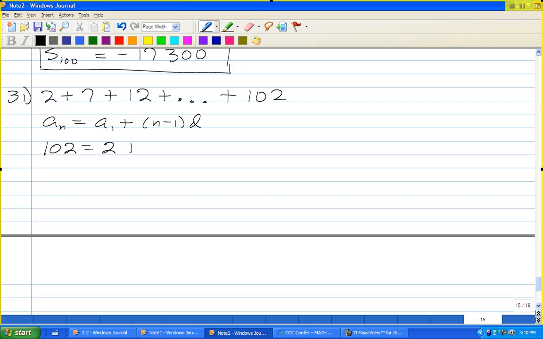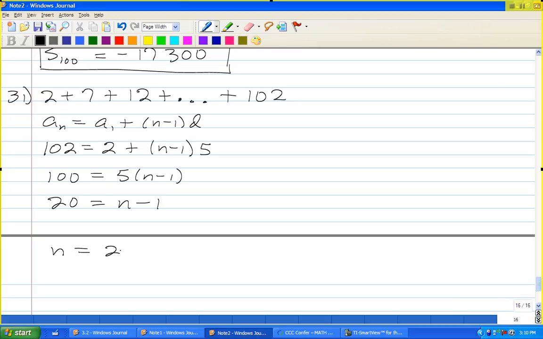The first term is 2. I don't know n. To go from one term to the next, I keep adding 5. So the common difference is 5. Subtract 2 from both sides of my equation. Divide by 5. Add 1. So n is 21.